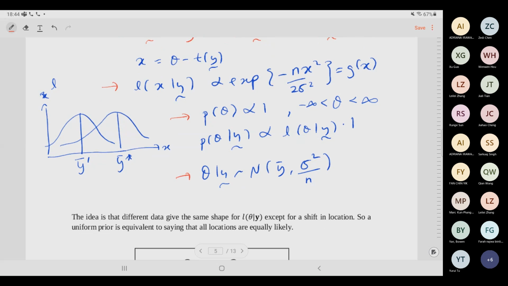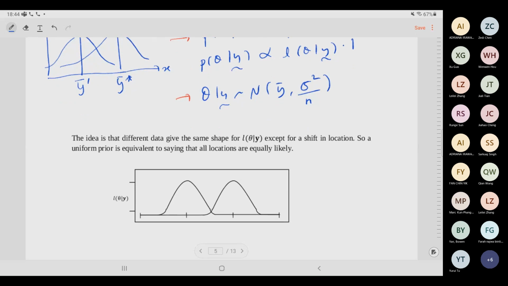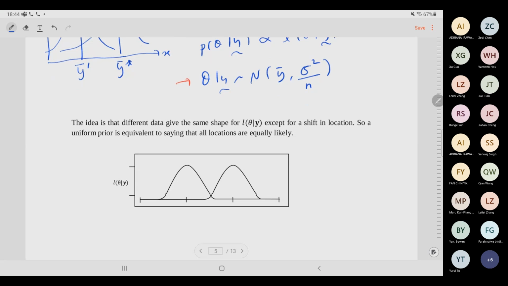The idea here is that we suggest this because we want the data to have the same shape. This is the graph I just drew: you have the same shape because you have the same variance, but only a shift in the location. So when you have a uniform prior, it means that all locations are equally likely.